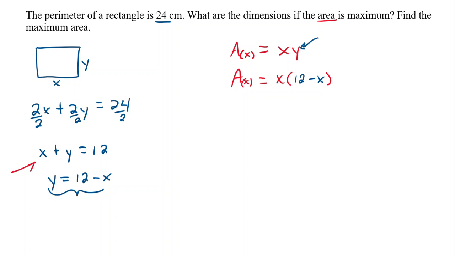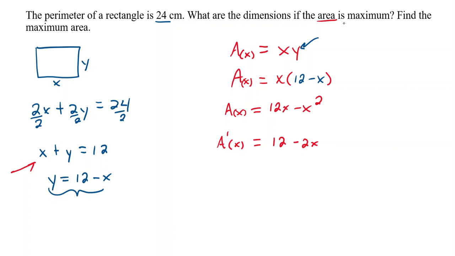Now from there, let's expand it just so it's a little bit easier to take the derivative. So A of x is equal to 12x minus x squared. Now this looks pretty straightforward for taking the derivative, so let's do that now. So A prime is equal to 12 minus 2x.